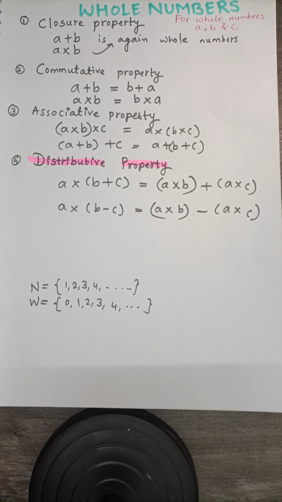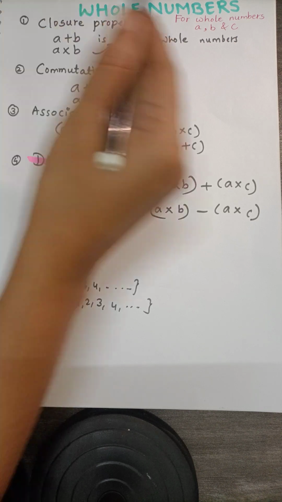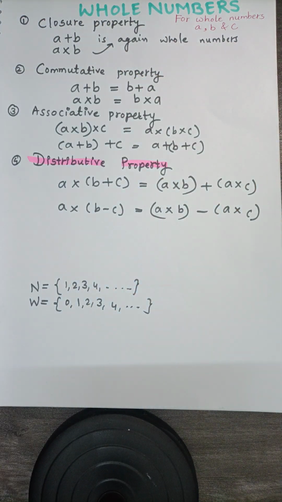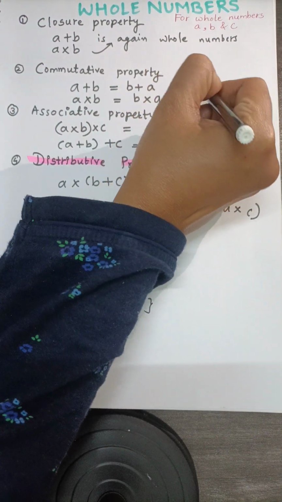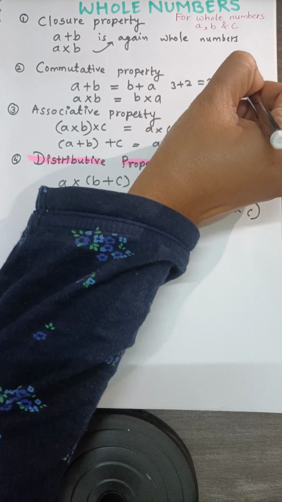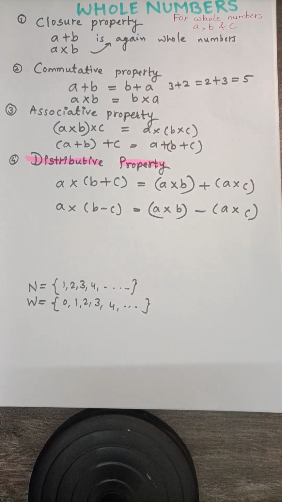The commutative property says that if you add any two whole numbers in any order, the result will be the same. For example, if I add 3 plus 2 or 2 plus 3, in both cases the result is 5.